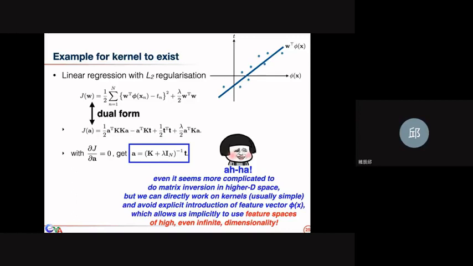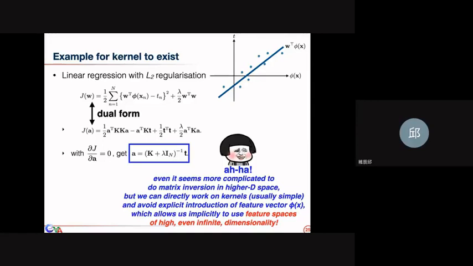Last time we mentioned this problem of linear regression with L2 regularization, and we had this analytic form for my variable A. From this analytic form of variable A, we have this Gram matrix. The Gram matrix contains all the inner products between your feature vectors.